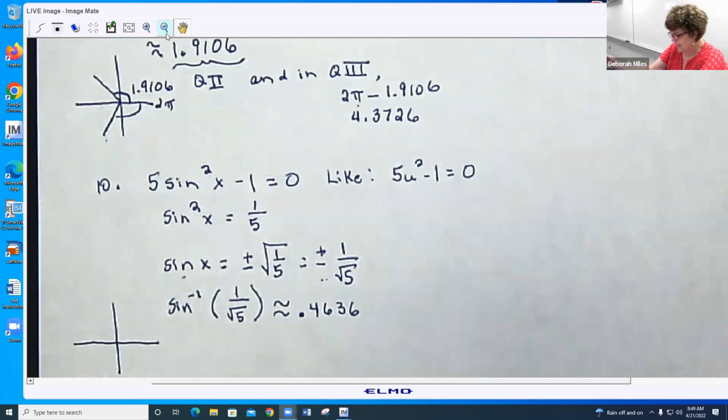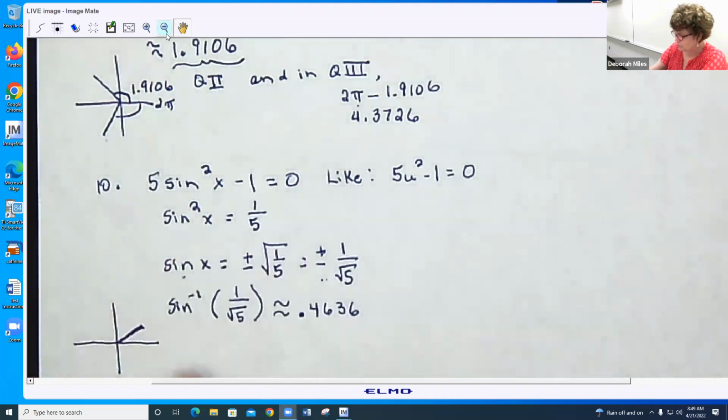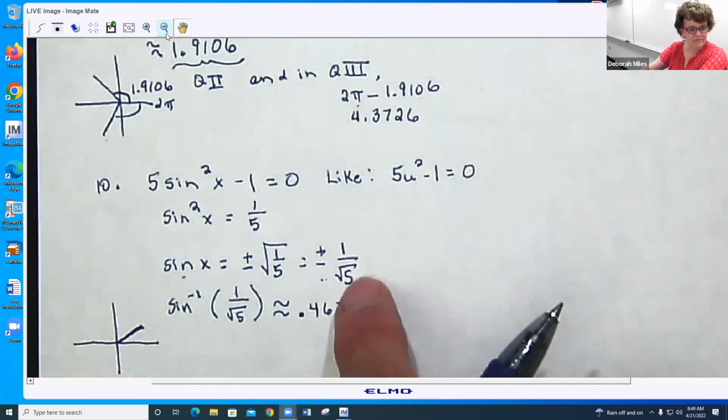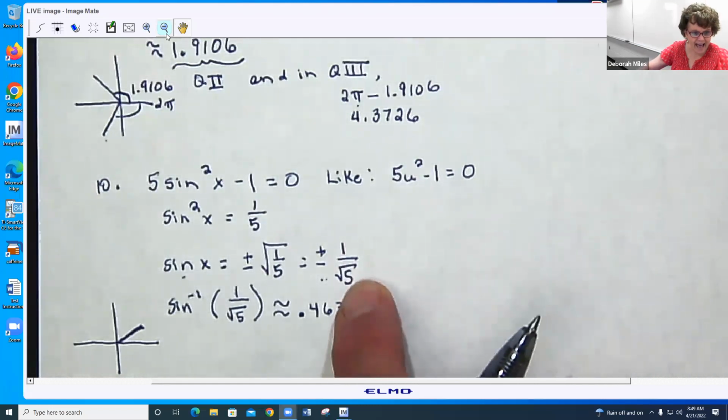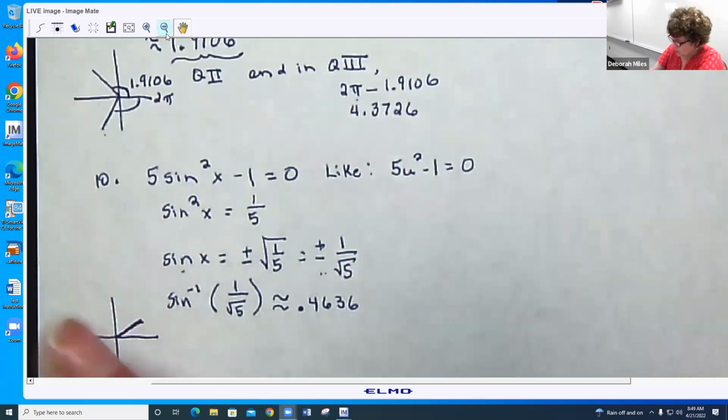I don't know exactly where. I suspect it's somewhere close to pi over 6, because 1 over square root of 5 is close to a half, and sine is a half at pi over 6.